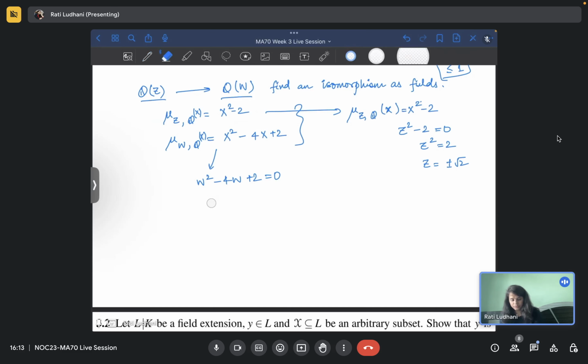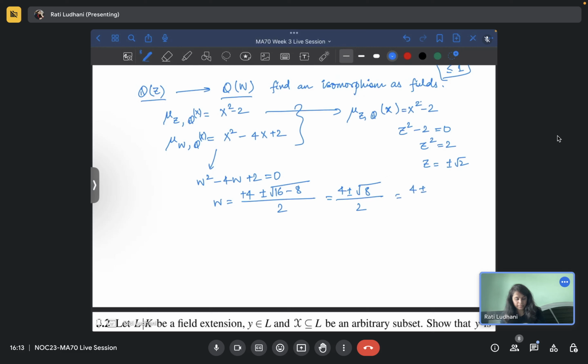Now, as you know, we cannot solve it easily, so we just use the Sridharacharya formula: (−b ± √(b² − 4ac)) / 2a. So you have 4 ± √8, that is 2√2, and you get 2 ± √2.